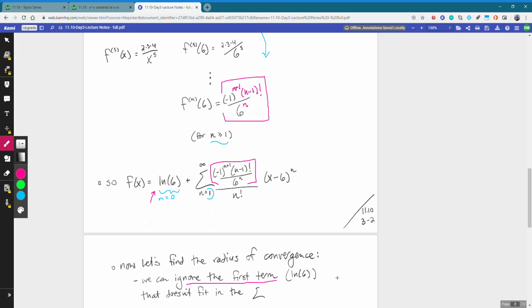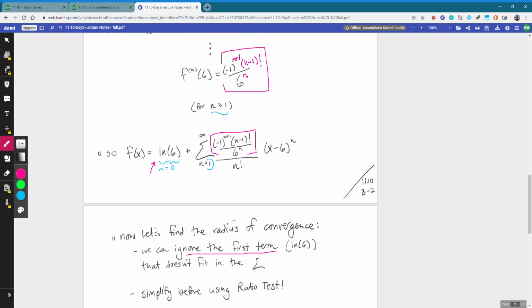It'll affect what it converges to, right? We'd be off by natural log of 6, but if the series converged before, then if we take out the natural log of 6, it's still going to converge, and vice versa. And so in terms of finding the radius of convergence, we can just ignore that and focus on our summation notation portion over here, for n equals 1 up through the rest of the terms.